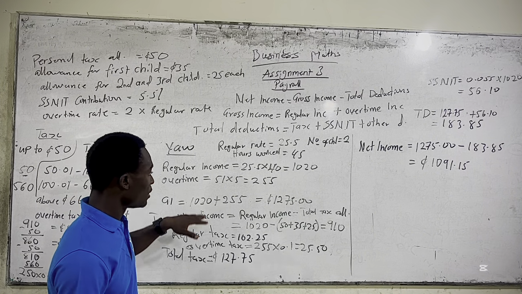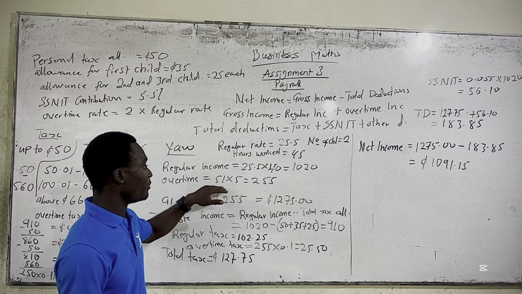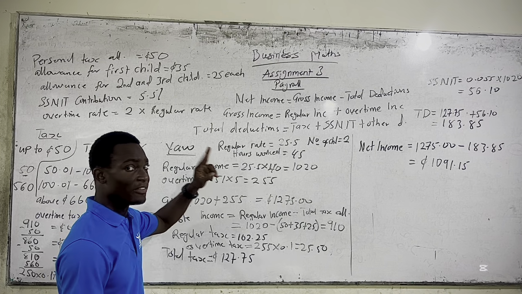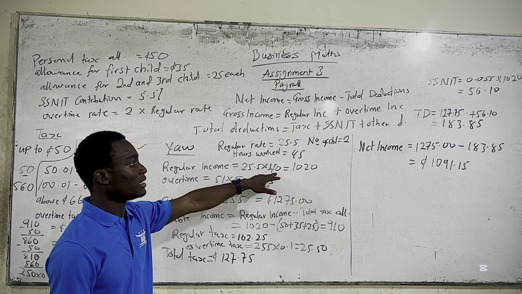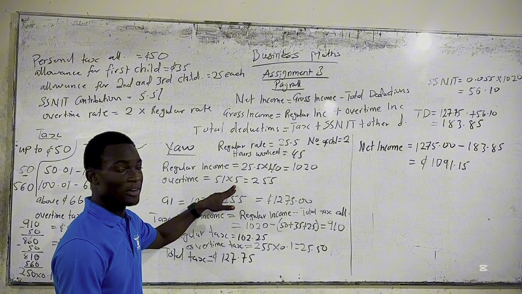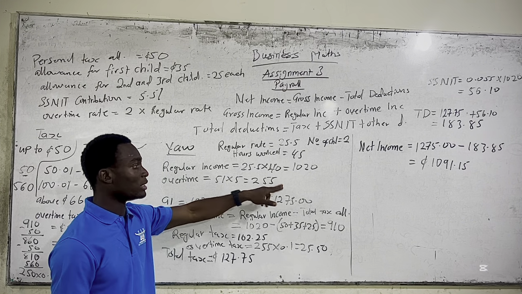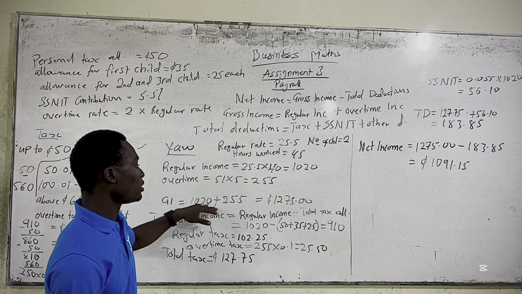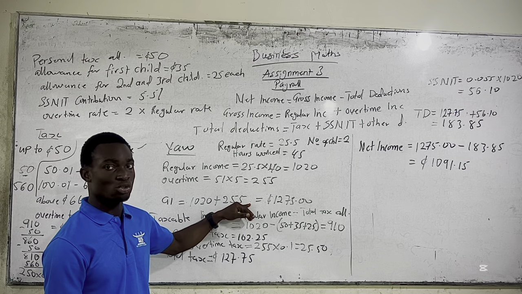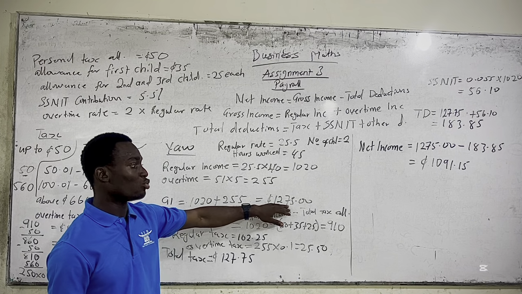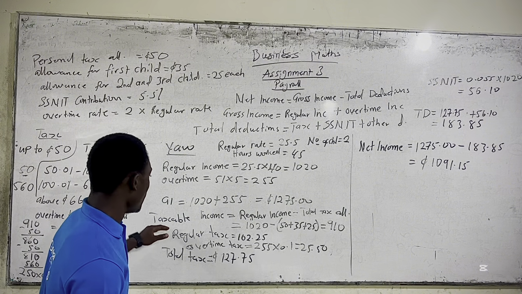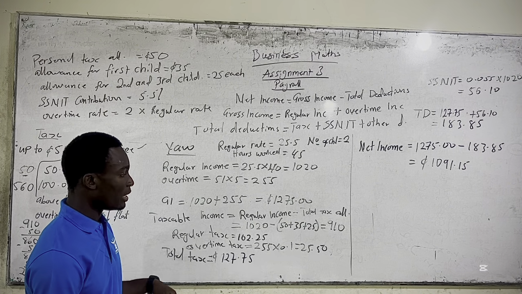And then the overtime is going to be 25.5 times 2, giving us 51 times what? 45 minus 40 is going to give us 5, right? And that's going to give us 255 Ghana cedis. So the gross income is going to be 1020 plus 255, giving us what? 1,275.